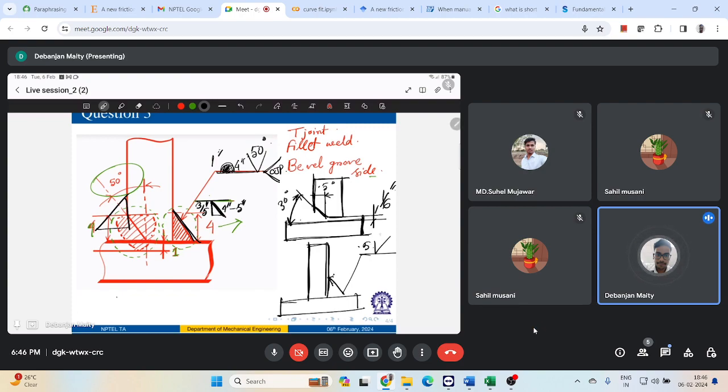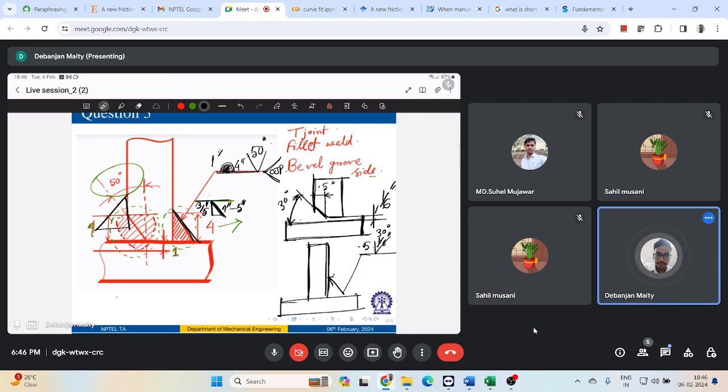Then you need to mention the angle, which is 30-degree, and also the opening, which is 1 by 6 inch, right? That's how we will provide for a broken arrow line.